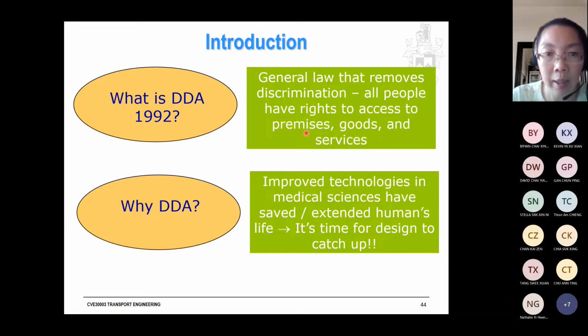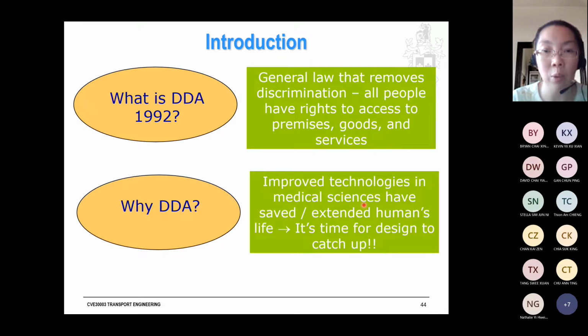Why do we have this DDA? In the past decades or so, we have had a lot of improvement in our technologies in medical science. And recently, we know that the COVID-19 vaccine has been produced at such a rapid speed.